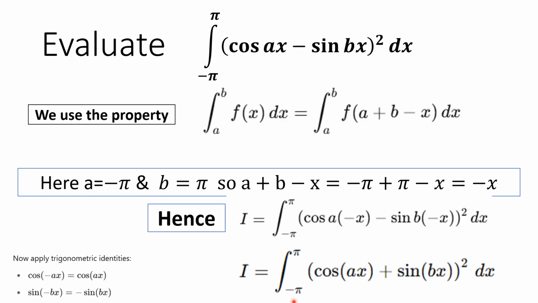Therefore, I becomes integral minus pi to pi of (cos ax, that is cos of a into minus x is nothing but cos ax, and minus of sin of b into minus x is nothing but plus sin bx, because sin of minus theta is minus sin theta and minus into minus is plus here) whole square.